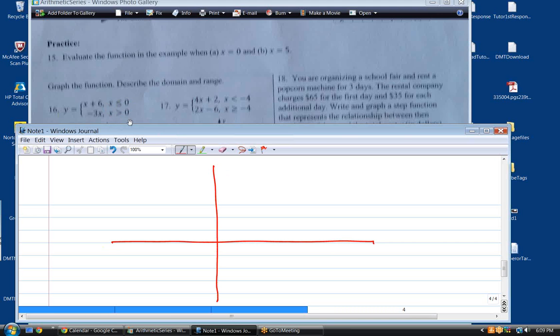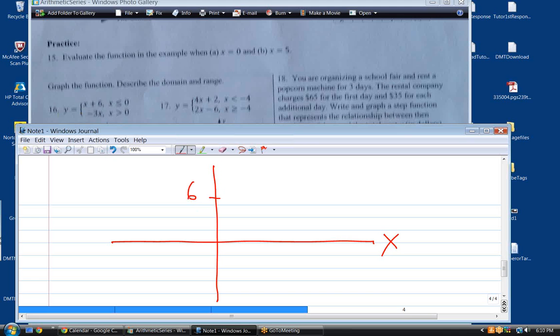Whenever x is less than or equal to 0, what does the function look like? It's not negative. It's just that when x is less than 0, we're going to have that function. Where does that function cross the y-axis? At 6.